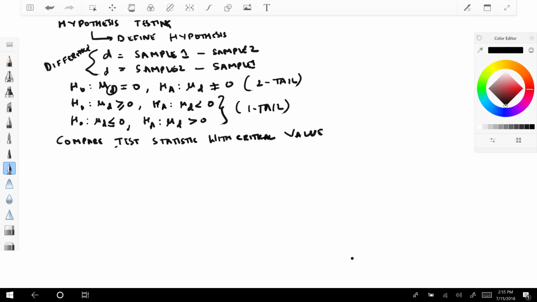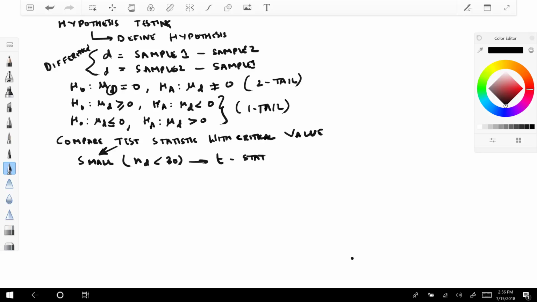Usually for paired difference, the sample sizes are small. Since we converted two variables into one variable, we have only nd, which is the sample size, and it should be less than 30. So usually they are small samples for paired difference, so we can use the t-stat.